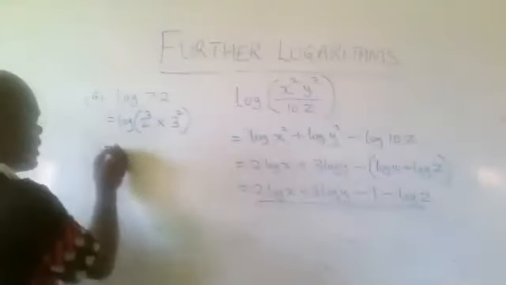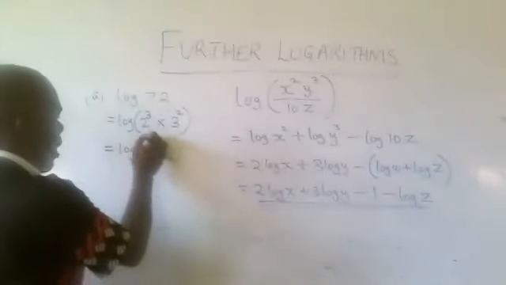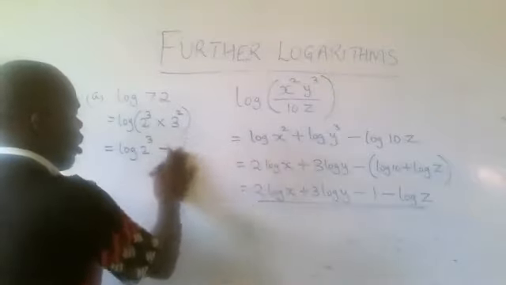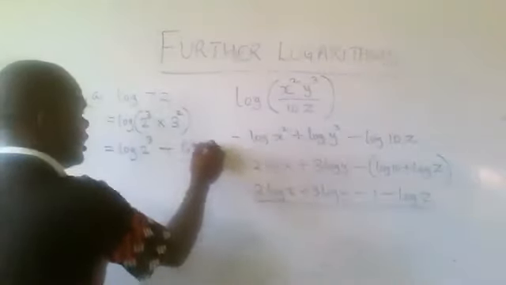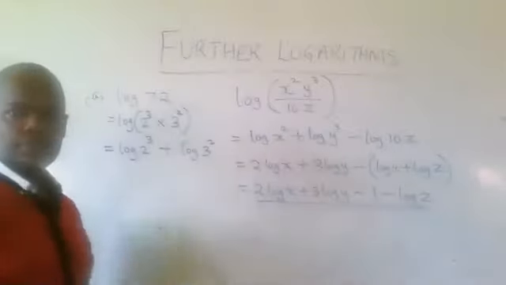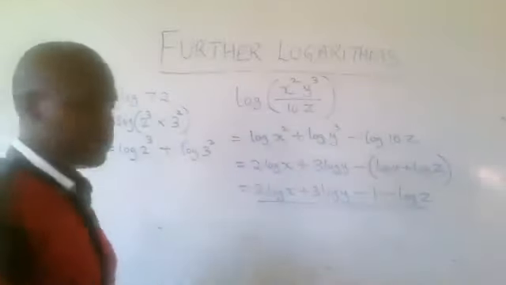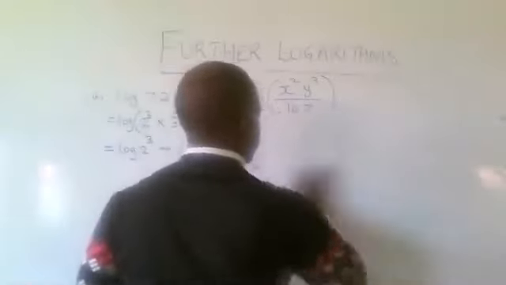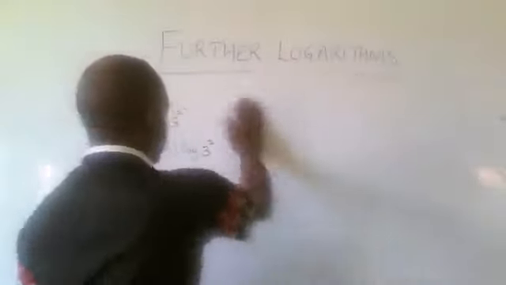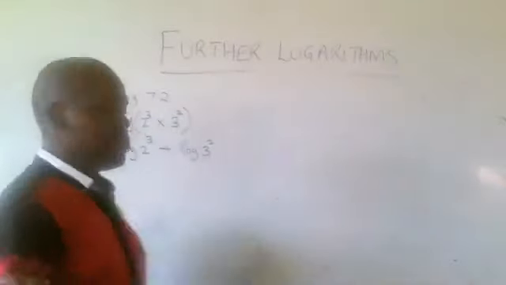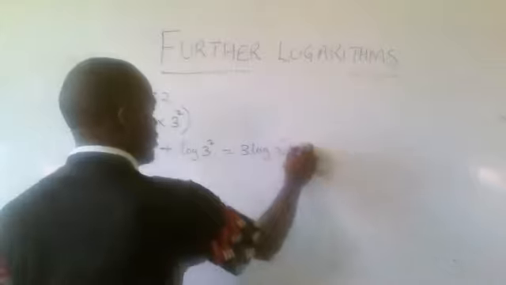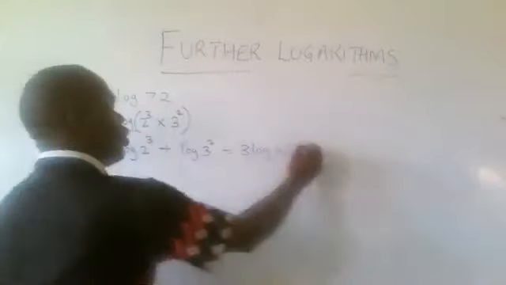So this one is the same as log 2 power 3 plus log 3 power 2. According to the laws of logarithm, log 2 power 3 is the same as 3 log 2. Then we add 2 log 3.